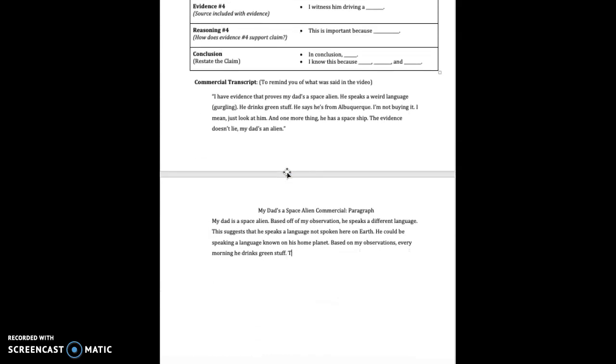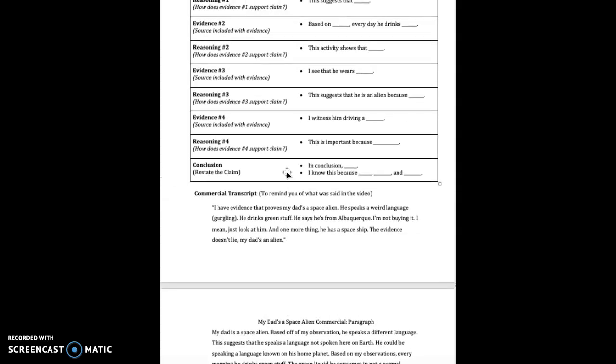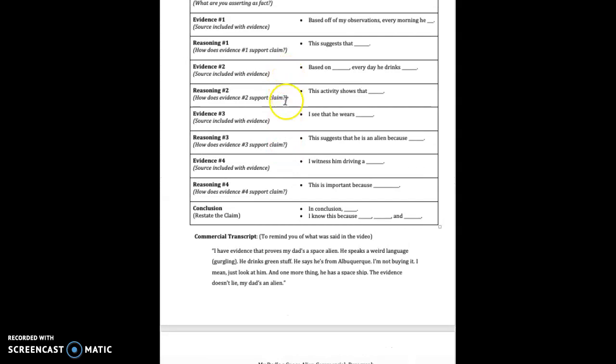We could say the green liquid he consumes is not a normal breakfast item humans eat. And you can see I'm already kind of changing the wording of my reasoning. That's fine. I mean, I'll continue to kind of edit it as we go. So that was my second piece of evidence and reasoning.